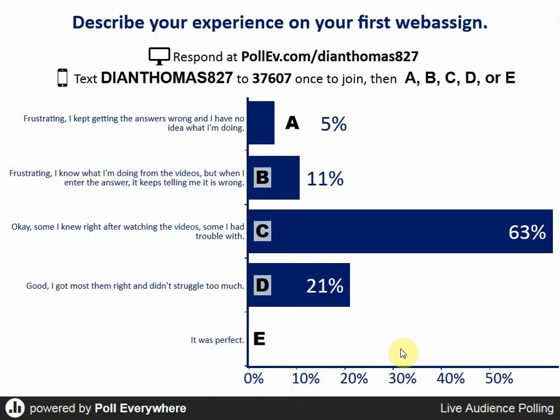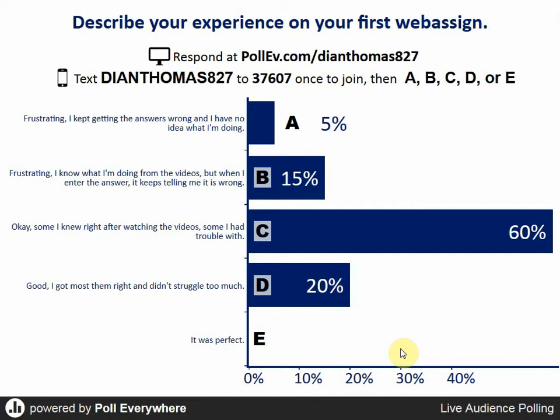Nobody's marking E. There's a few more of you adding in. So while that's adding in, we see the biggest bump at C.